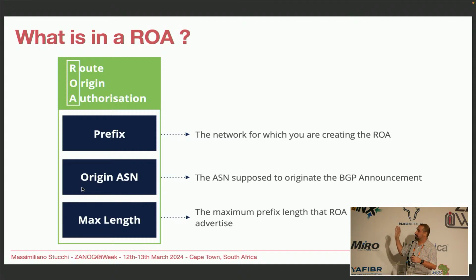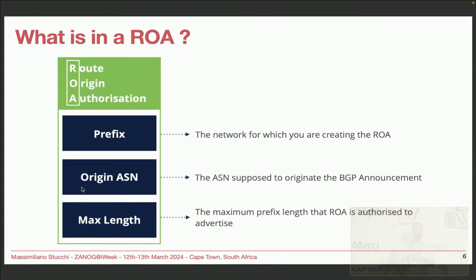The structure is exactly the same as a route object: an origin AS, a prefix, and then a max length. And there's a long discussion about suggestions for not using max length, but that's outside the scope of this talk.